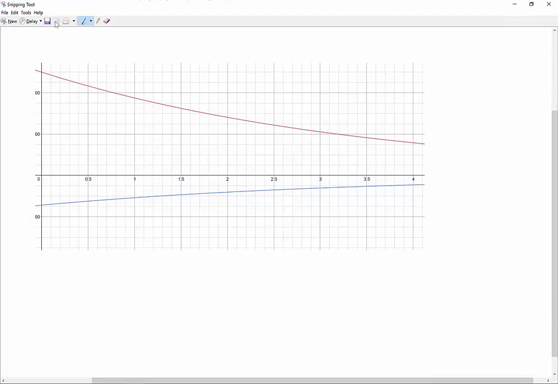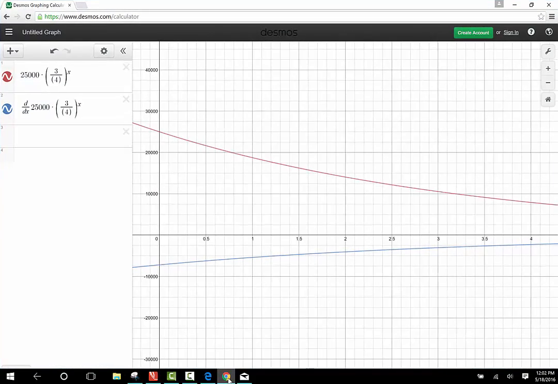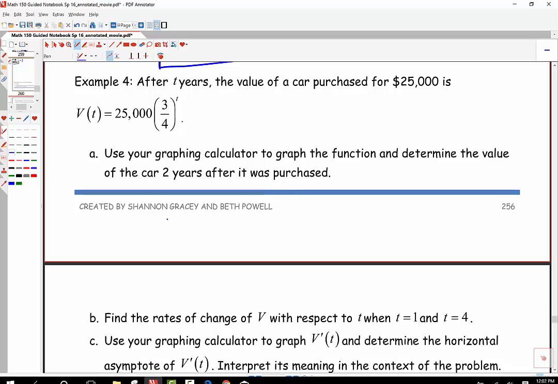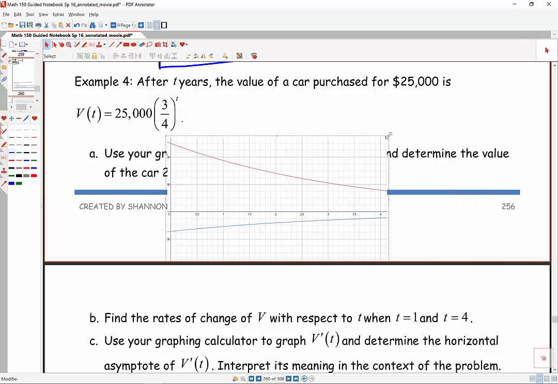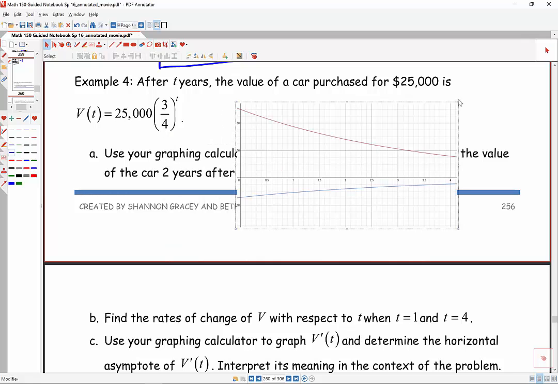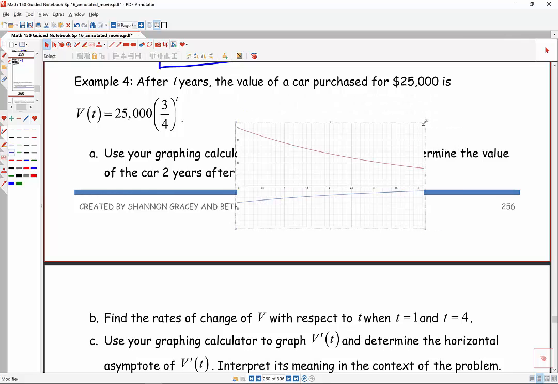All right, so paste. So the graph is looking something like this. I cut off the numbers there.